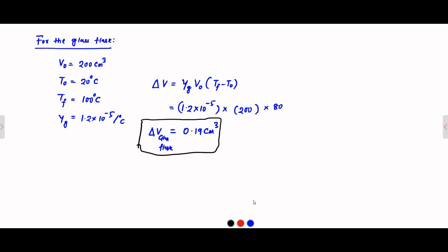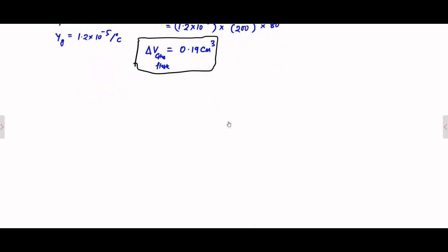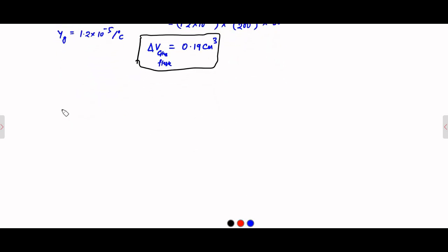Now for the mercury in the glass flask. If you read the question, it is given that the glass flask is completely filled with mercury up to the top.